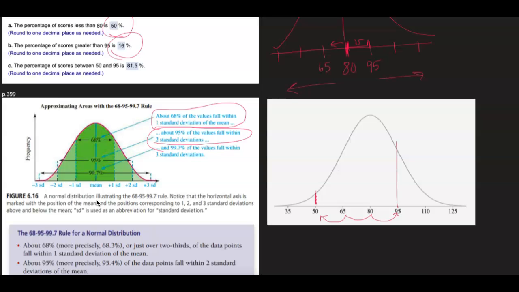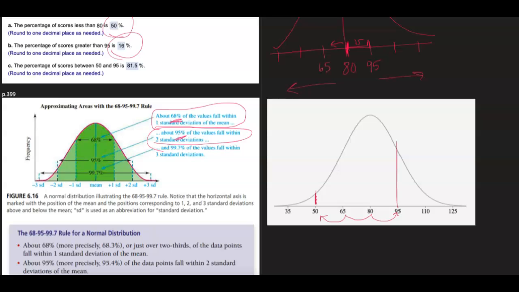Okay, so there's a few different ways we could go about this. What I'm getting ready to show you is not the only way, but you can use any form of that symmetry and geometry to help you solve this, along with the 68 and the 95%. So let's look at it like this. Remember earlier the work that we did to find the percent of scores greater than 95?